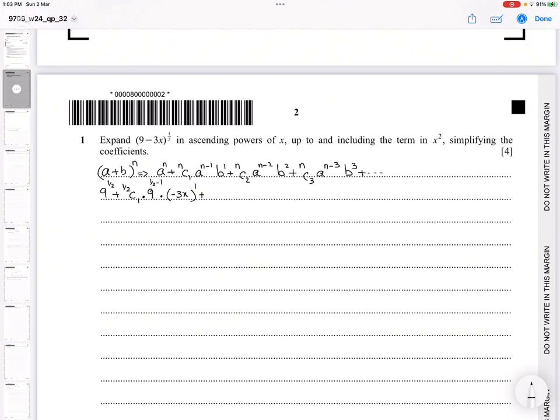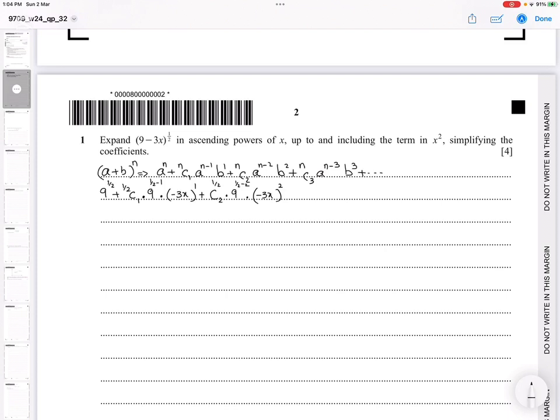Plus nC2 means 1 over 2 C2, multiply 9 power, this is our b, this is our a, 1 over 2 minus 2, times negative 3x power 2.